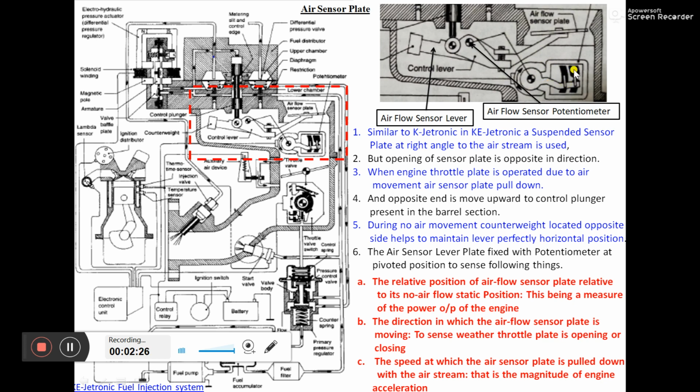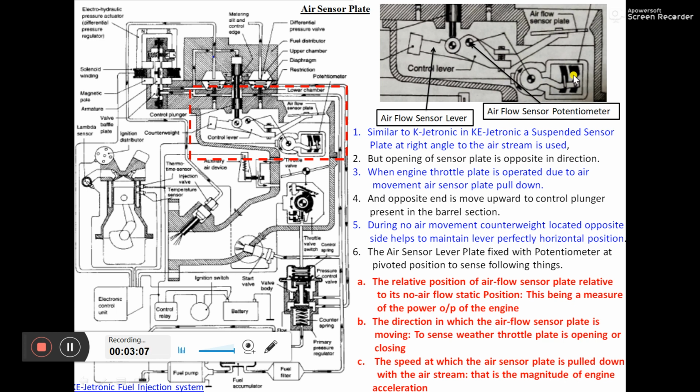These two black lines vary in thickness, you can easily observe this one varies in thickness as it goes downward. This is responsible to detect the exact position of this air sensor plate, whether it is too much up or too much down, or in between the maximum and minimum limit. So this potentiometer is just similar to our fan regulator.